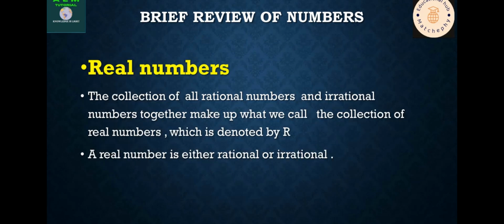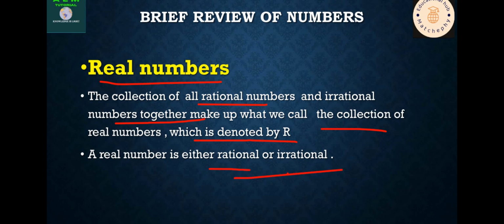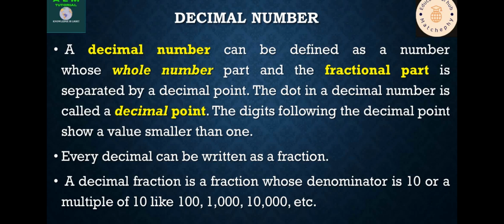What are real numbers? The collection of all rational numbers and irrational numbers together make up what we call the collection of real numbers, which is denoted by capital R. So a real number is either rational or irrational. Now how can we define a decimal number? A decimal number can be defined as a number whose whole part and fractional part are separated by a decimal point.